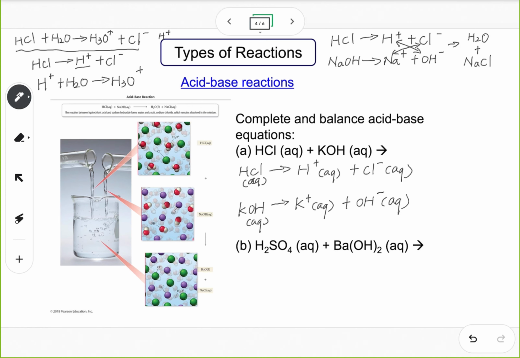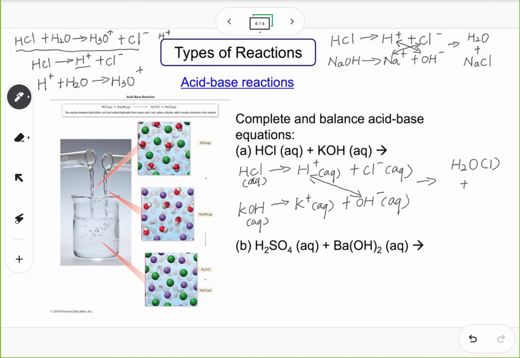All right, now let's exchange the cations and anions. Potassium and chloride will bind together, and the proton will bind with hydroxide. That means one of the products is water, it's a pure liquid, so we use L, liquid, for the state of water.